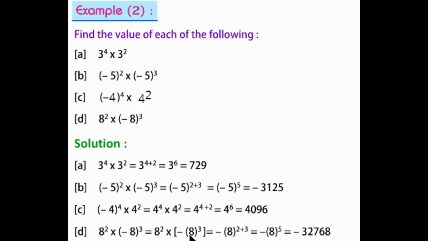The same base, write 8, and 2 plus 3 equals 5. Negative 8 to the power 5 equals negative 32,768.